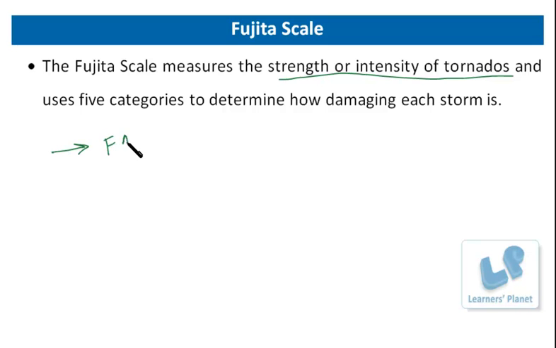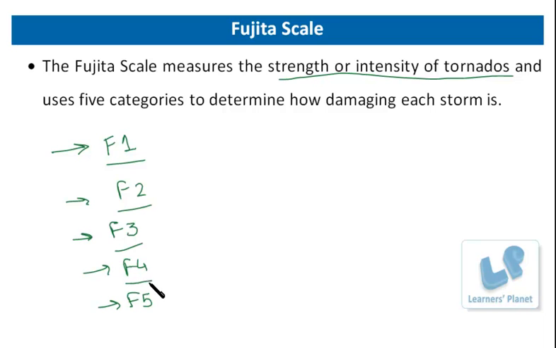like F1, F2, F3, F4, F5. Now this means F1 is considered moderate, F2 is considered to be significant, F3 is considered to be a severe tornado, F4 is devastating, and F5 is incredible.